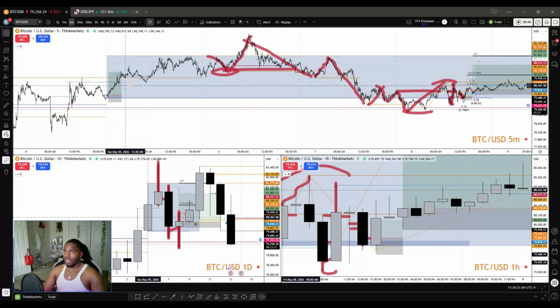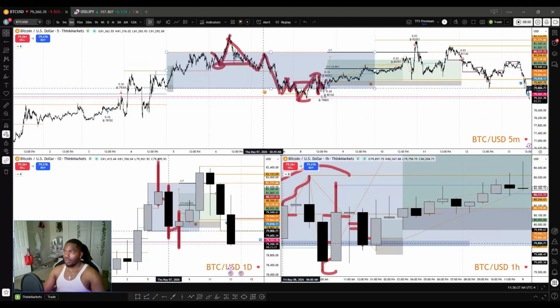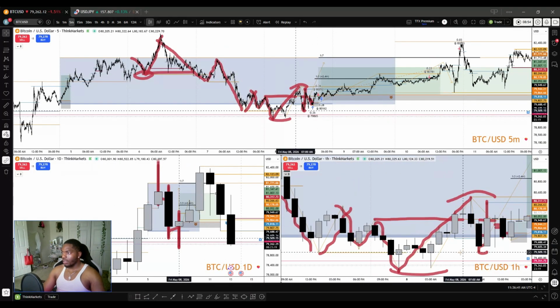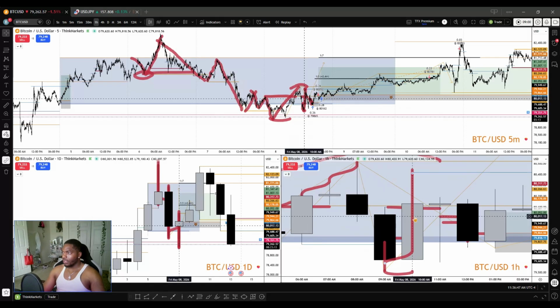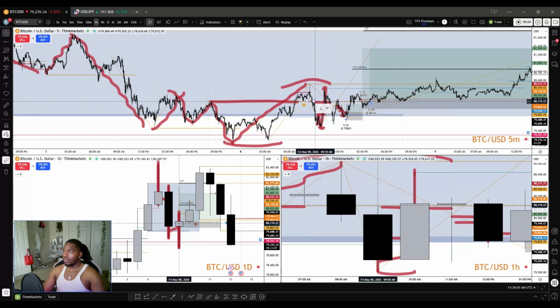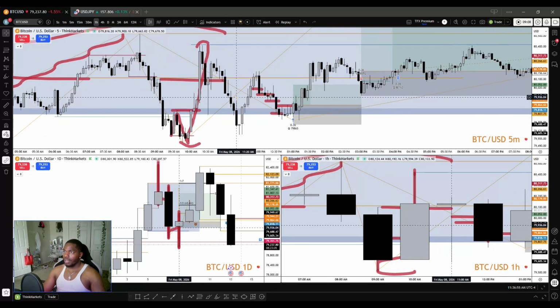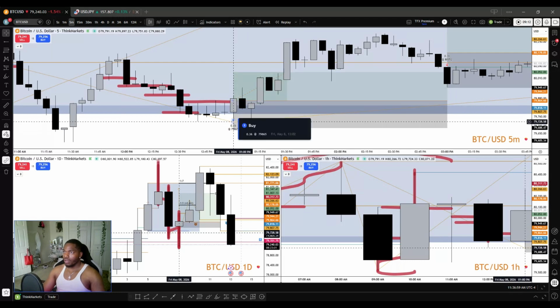So once it gets back into that, I can look for buys as long as the structure on the 1 hour is bullish, which we've already pointed out that the structure went bullish, gave us a little retracement pullback, and then gave us a new candle closure, which is bullish, which lined up with this 5 minute break of structure that happened right here.